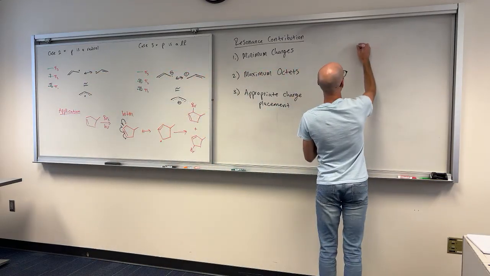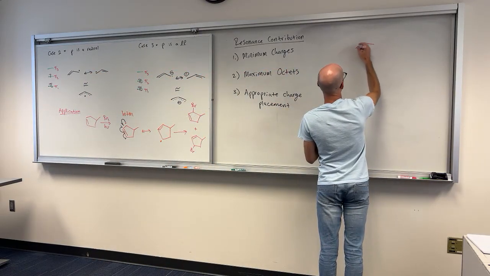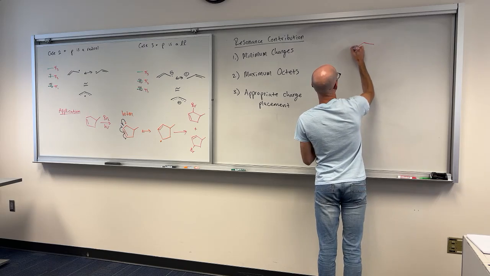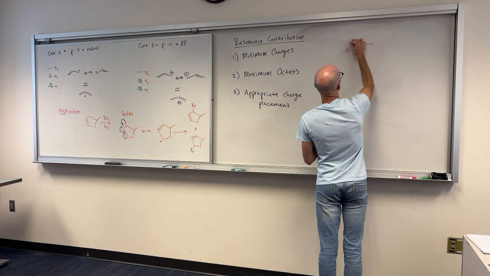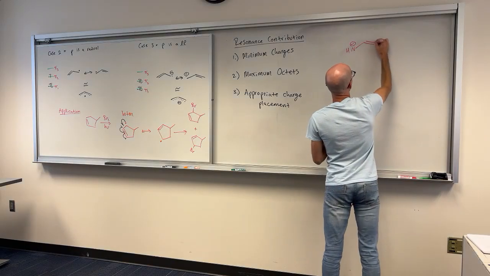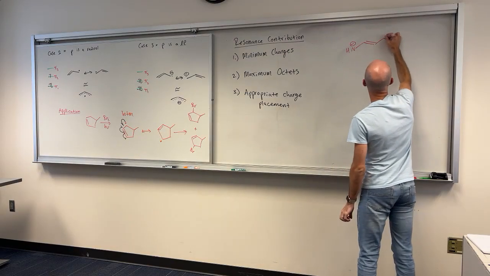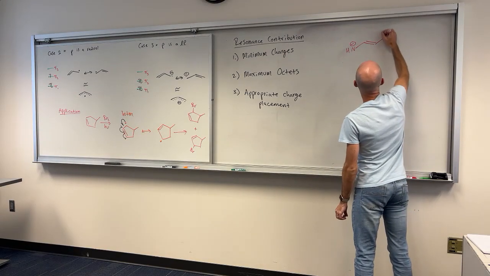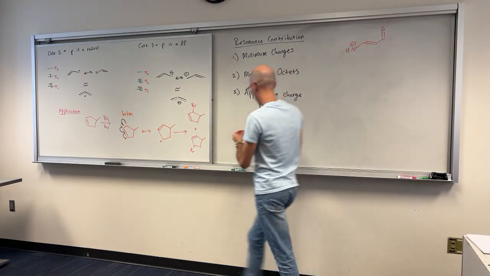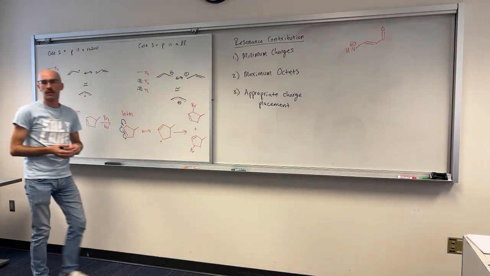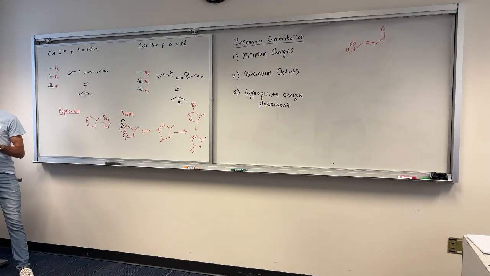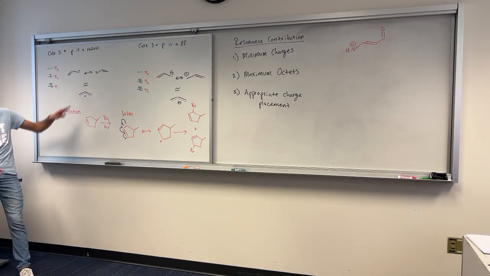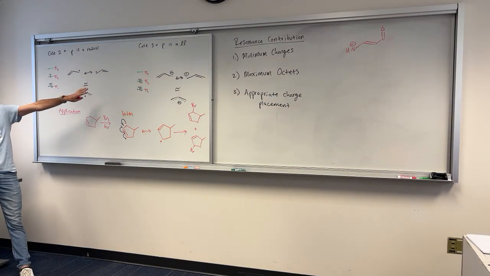So let's take a small system for example. Often, but not always, resonance structures work in three, similar to the three that I've shown you here.